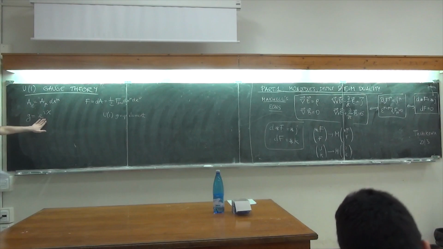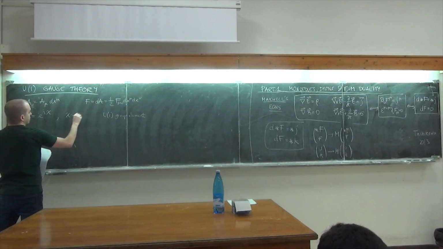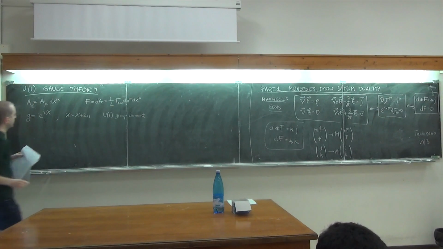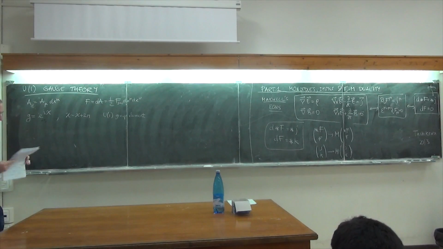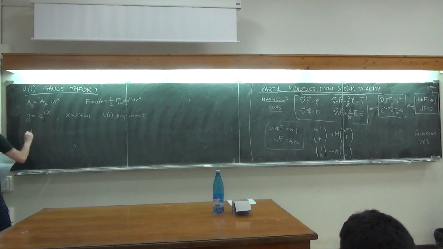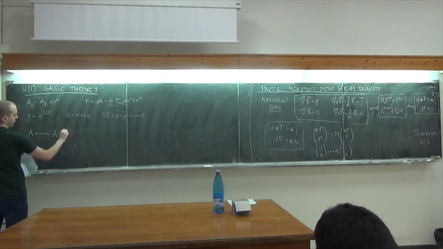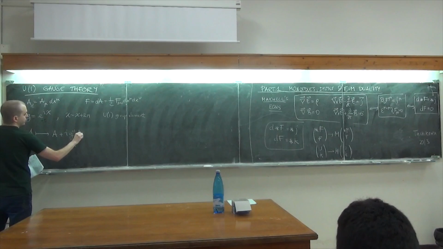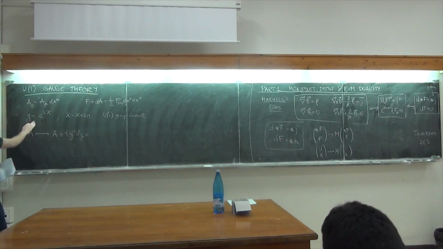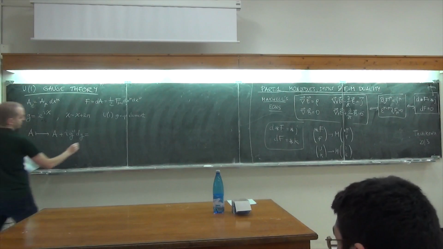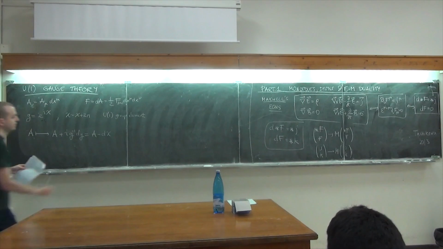This is just a phase rotation, and in particular χ is equivalent to χ plus 2π, just because the gauge group is U(1). And then we have a gauge transformation, which is in general A going to A plus i g^{-1} dg, which in this particular case of an abelian U(1) gauge transformation is just A minus dχ.